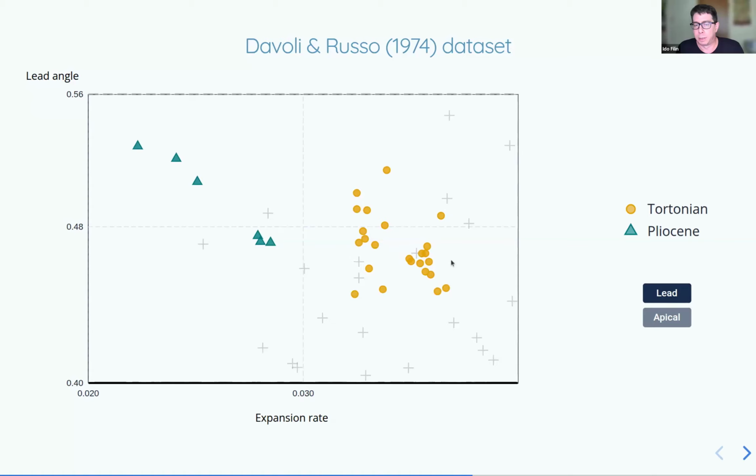This trend mostly disappears in the lead angle, that at least when you compare the temporal variation, the different ages or epochs, there is basically no change in lead angle, except perhaps for adults from the Pliocene.